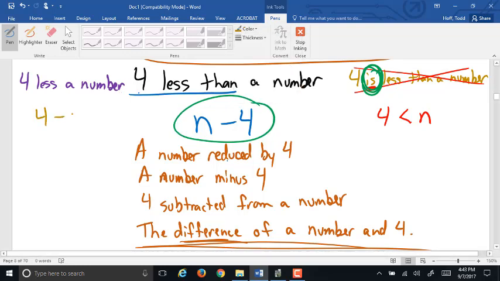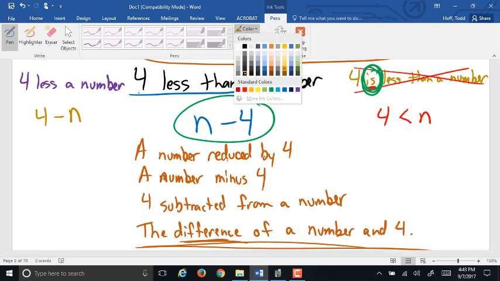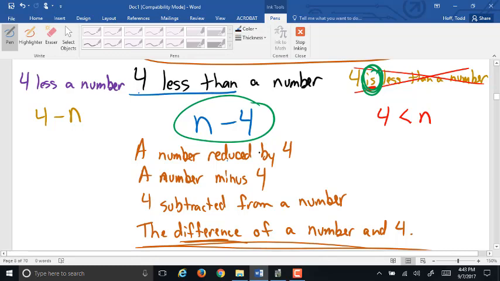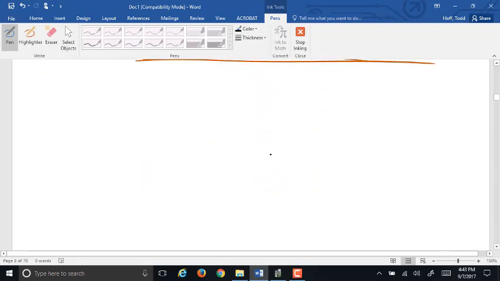Well, that one is actually saying 4 minus n. So if we had a number less 4, that would be n minus 4. 4 less a number would be 4 minus n. Let's move on.